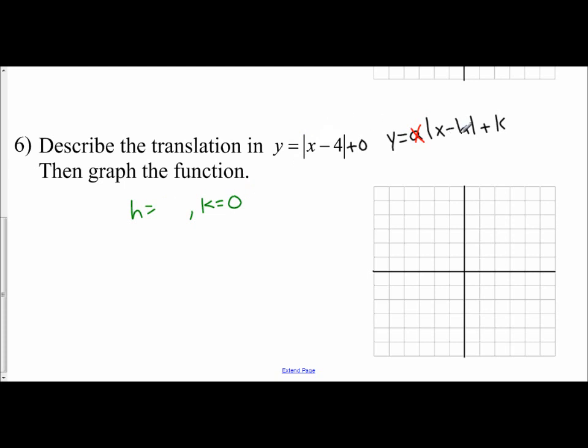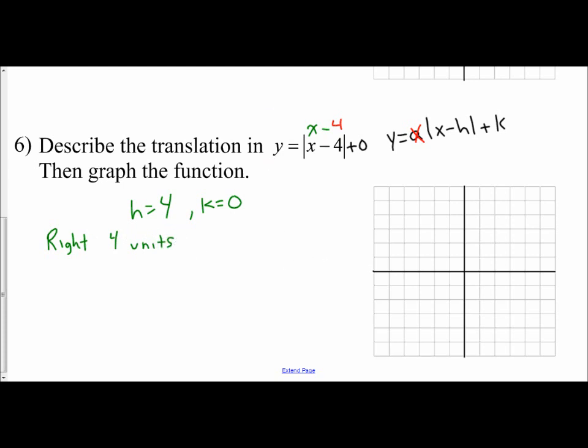Well, the original formula says x minus h. So what number are you subtracting from x? That number is 4 itself. And so I have an h value of 4. Since h is positive and it's horizontal movement, I'm going to go to the right 4 units.